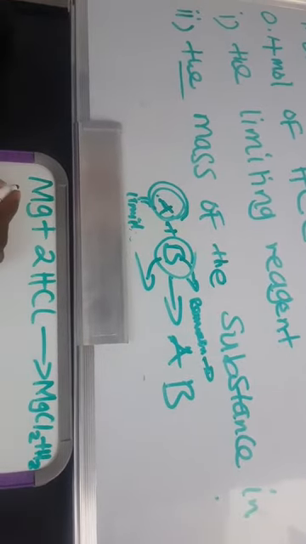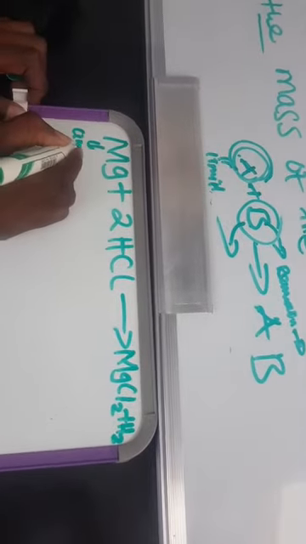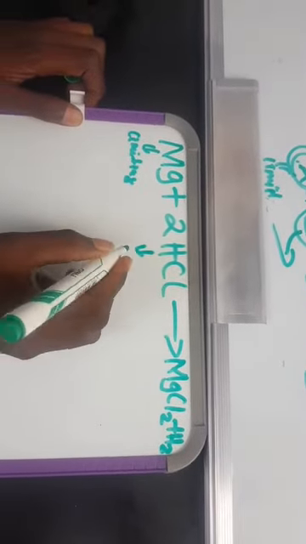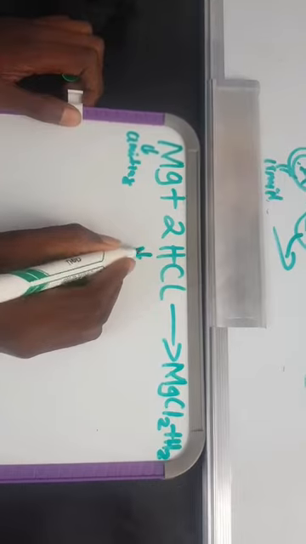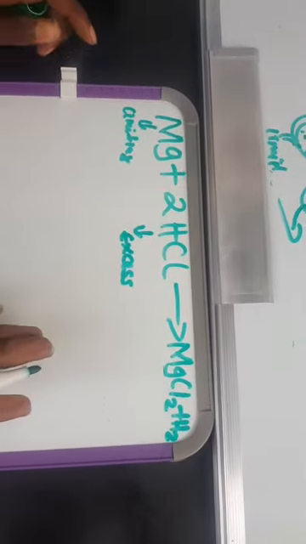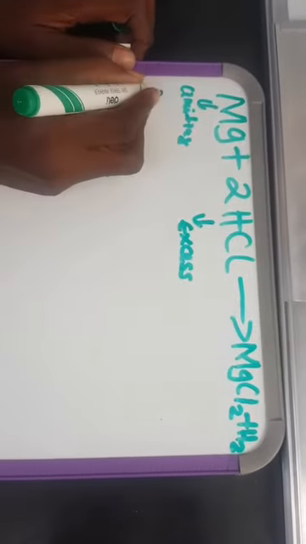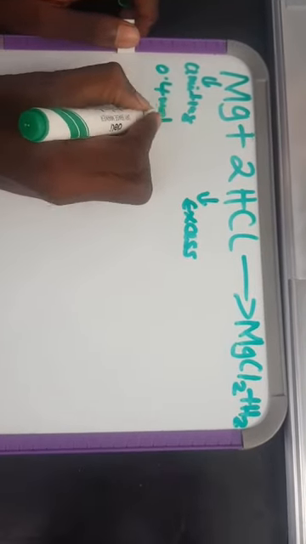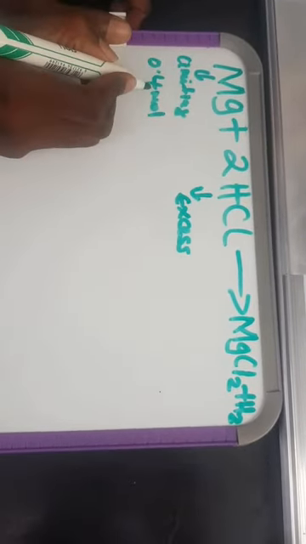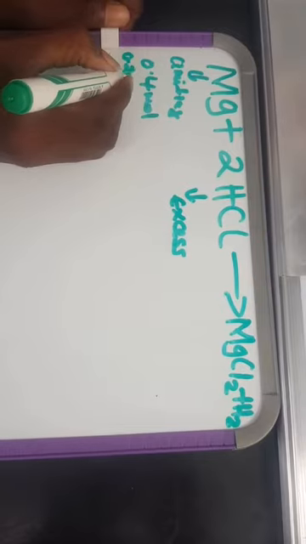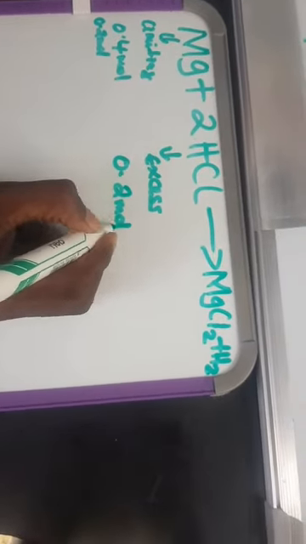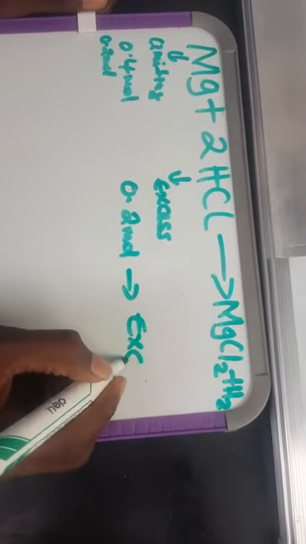Since we know that magnesium is a limiting reagent, hydrochloric acid is our substance which is in excess. It is in excess because not all the 0.4 moles which were provided will react. Out of the 0.4, only the 0.2 moles will react. Then the other 0.2 moles will be left in excess.